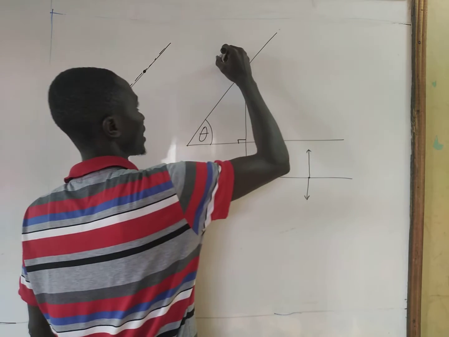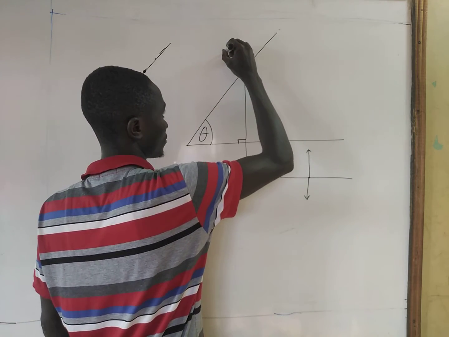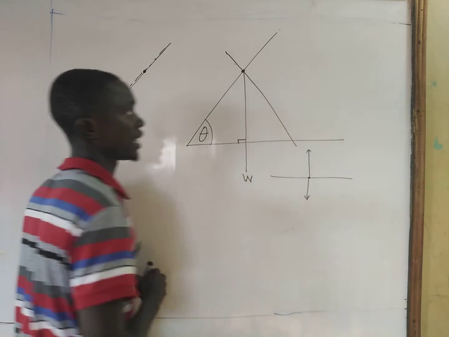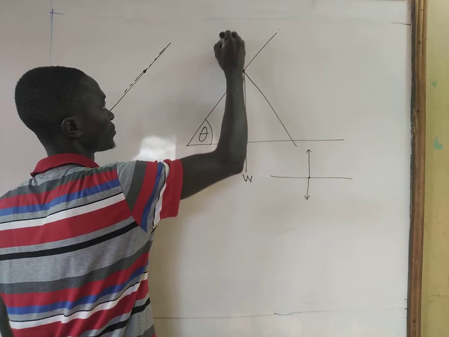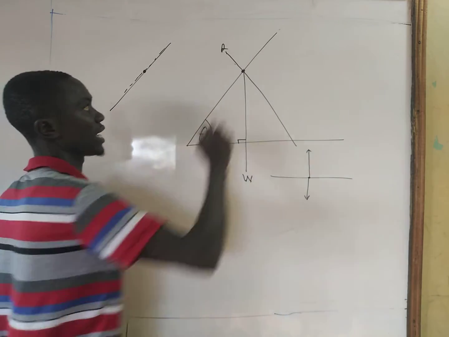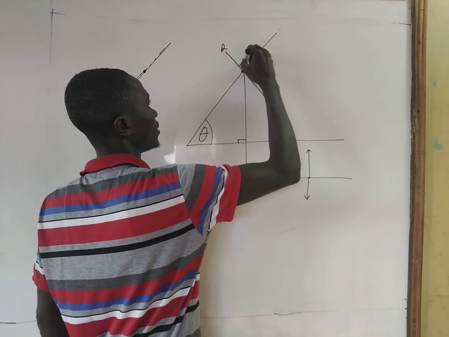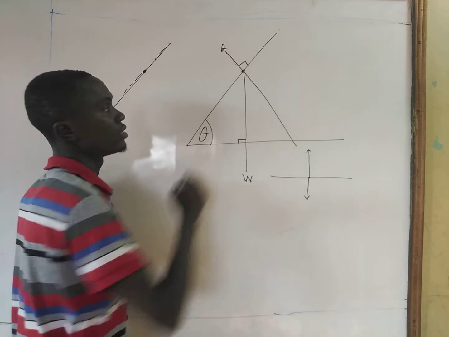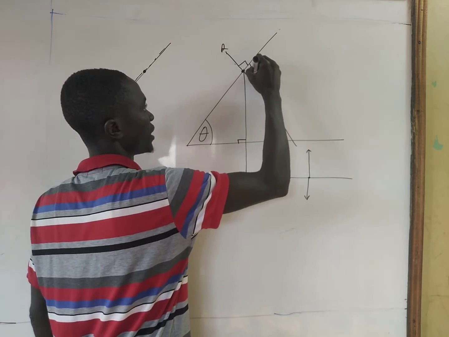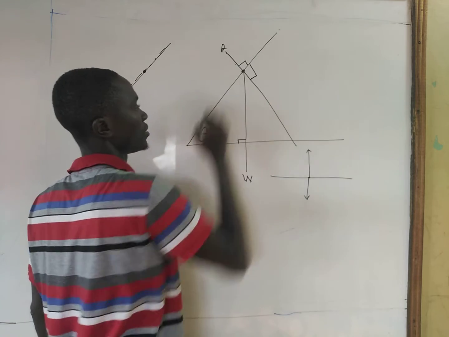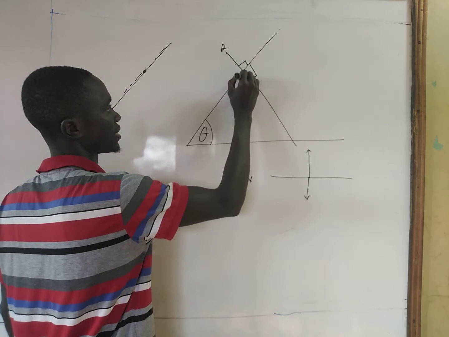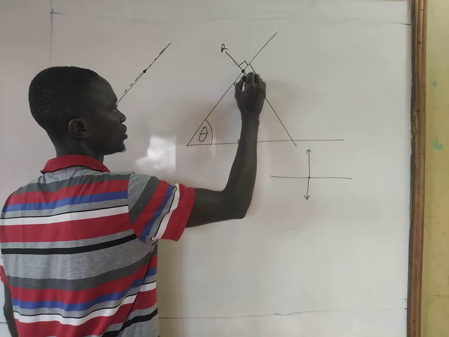So here, the normal reaction goes like this. This is the normal reaction. And the normal reaction is perpendicular to the plane. So here we get perpendicular. Now let's assume that the angle here is alpha and the angle here is beta.